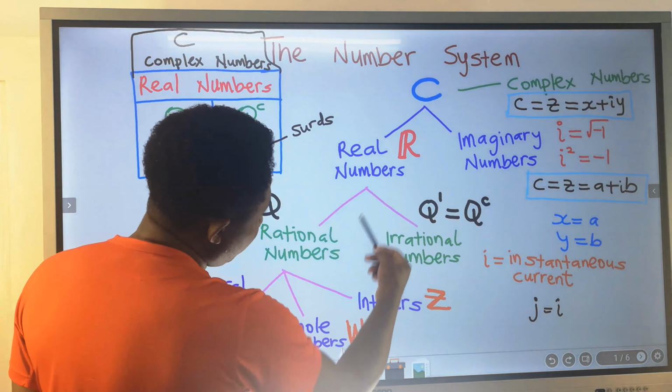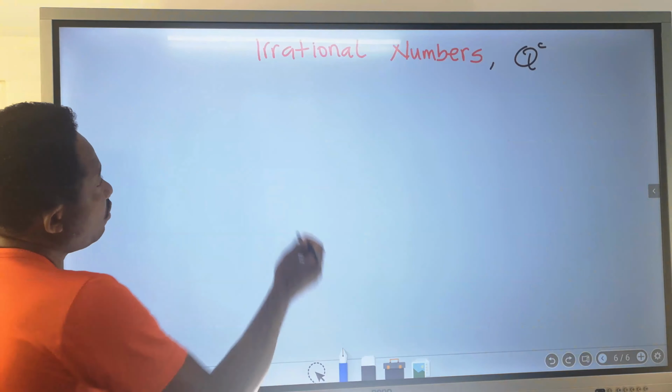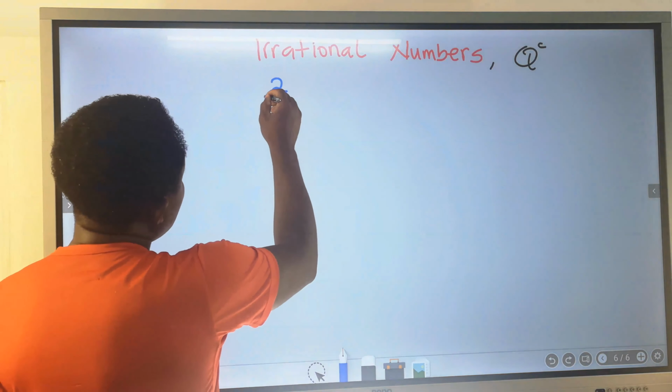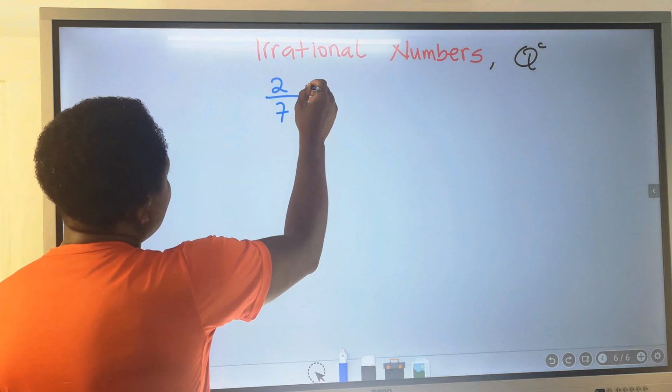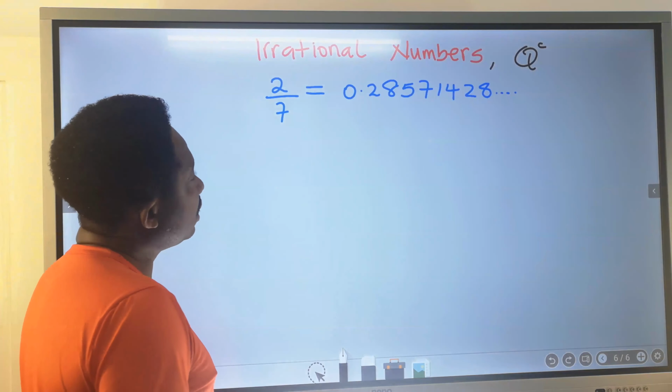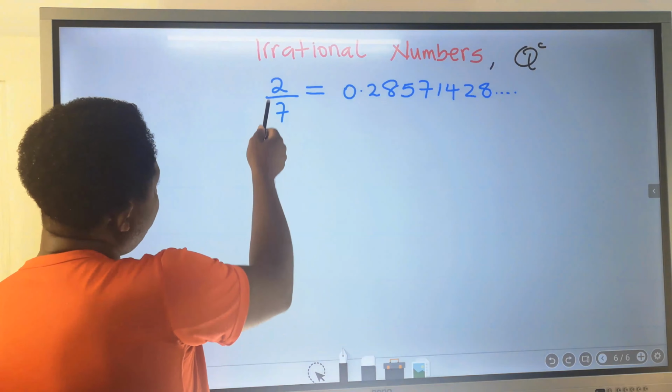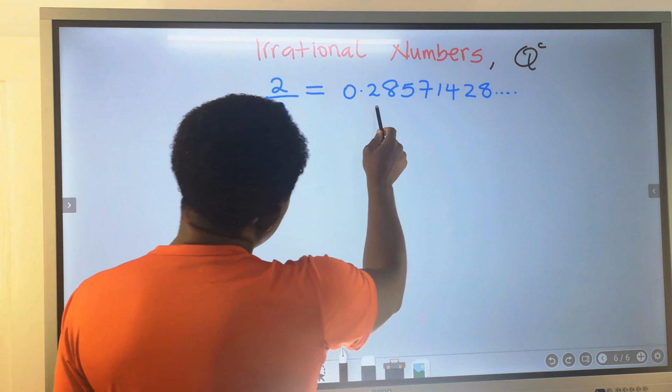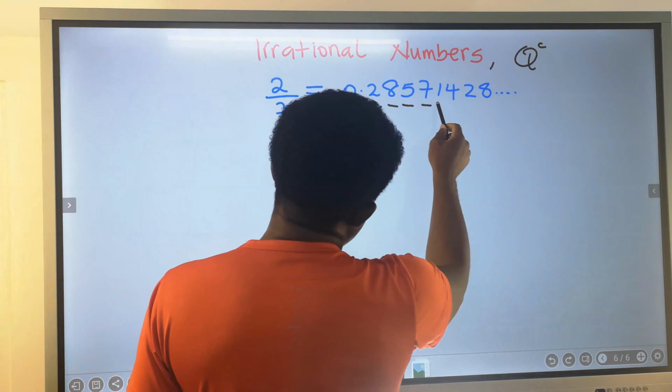For irrational numbers, if we consider 2 over 7, you see, in this division, we have values that are different.